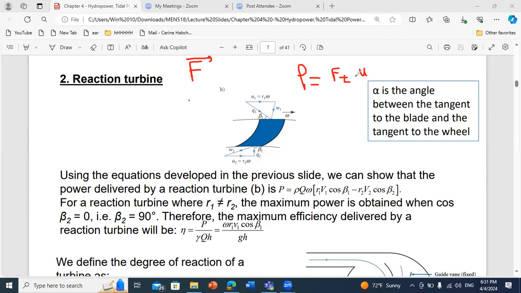But here we should pay attention that we have to consider different values of radius at inlet and at outlet.